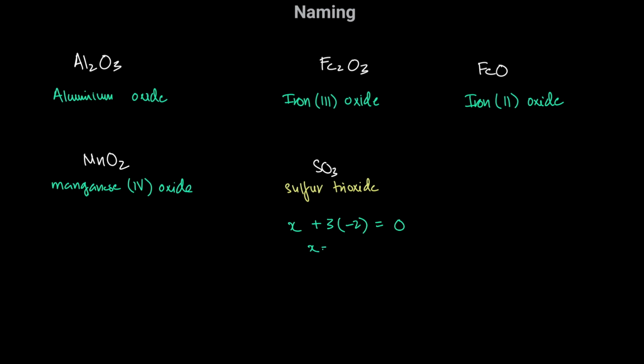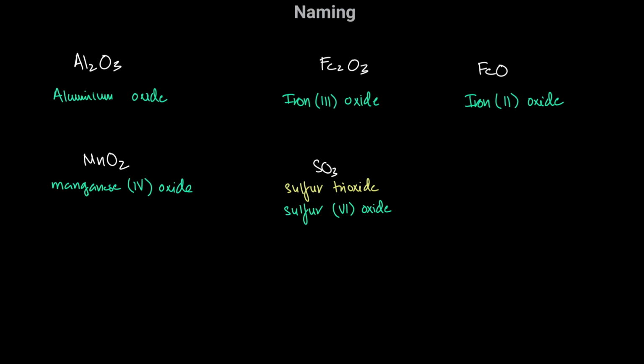That means X is equal to +6. We have 3 times minus 2, that's minus 6, and then this would be plus 6. So sulfur trioxide can also be referred to as sulfur 6 oxide.